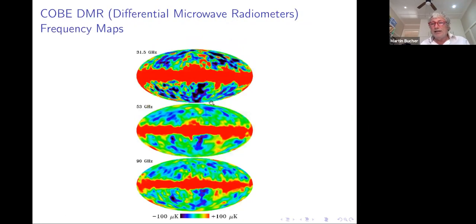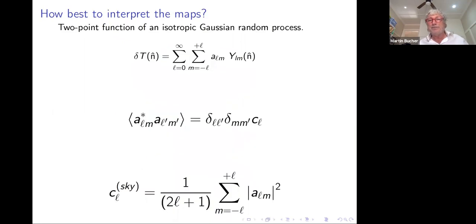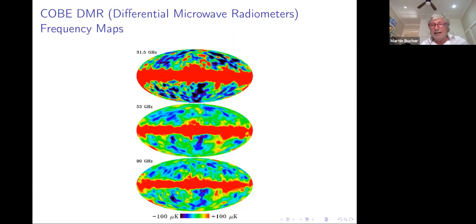And then the fact that you see these features in different frequencies by a factor of 3, more analysis indicates that these are fluctuations of the black body temperature and not just something else. So how do we analyze such maps after we get rid of the galaxy?